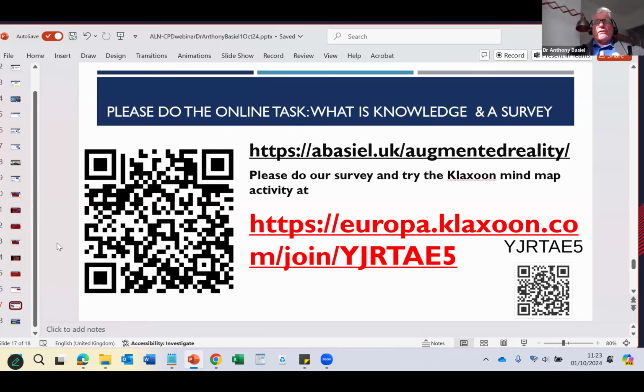What is your understanding of knowledge? What is your point of view about knowledge? If we had more contributors in the beginning, I would share that all with you so that we could get a combined kind of profile of the audience, of the group of learners. But we can do this as a post-event activity as well.